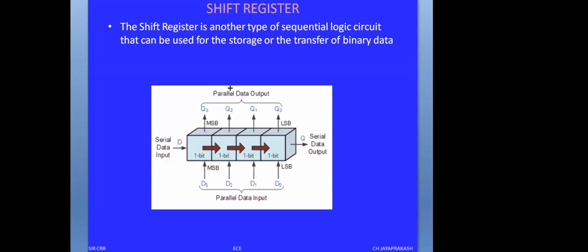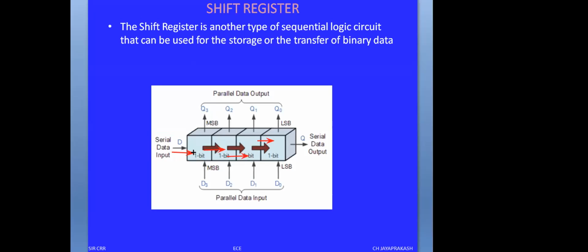Similarly, during the second clock pulse, the data will be shifted from D3 to D2. In the third clock pulse, from D2 to D1. In the fourth clock pulse, from D1 to D0. So during the first clock pulse, the data is entered serially to the most significant bit D3.